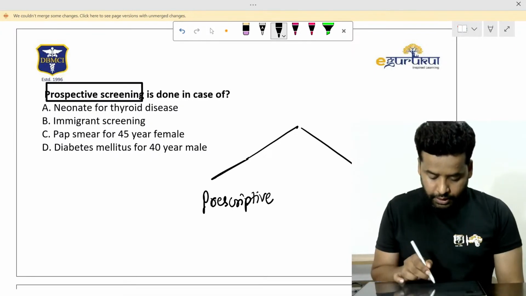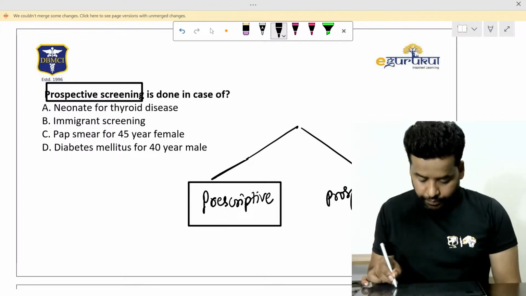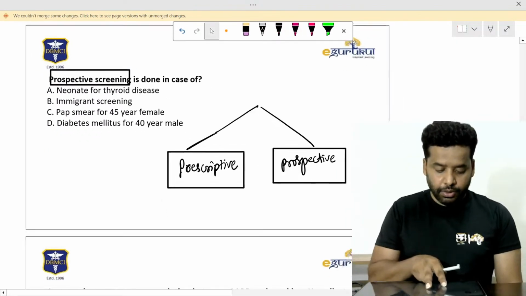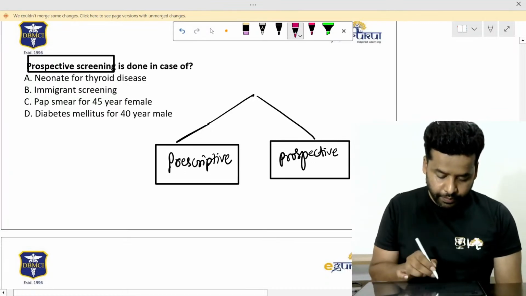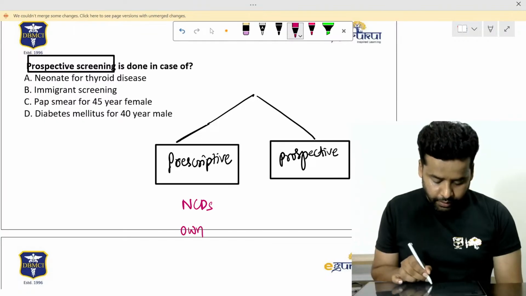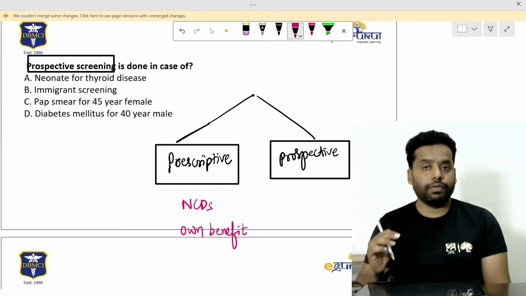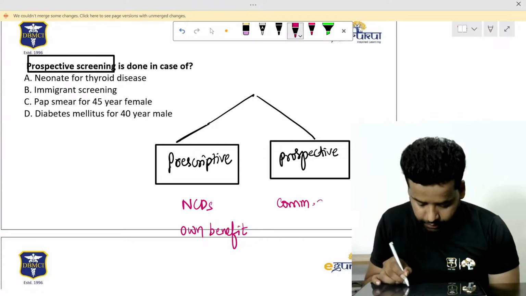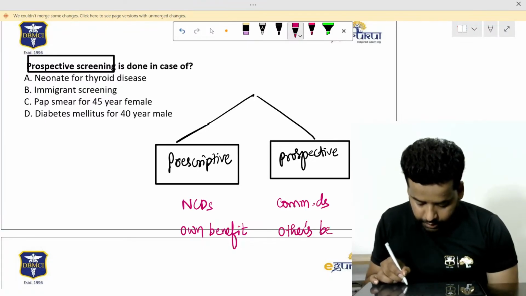Prescriptive screening and prospective screening. Prescriptive screening is usually for non-communicable diseases where the patient will have benefits. It is mainly for one's own benefit. Prospective means we think ahead, a next level of thinking. Prospective is for communicable diseases, where others will get the benefit.